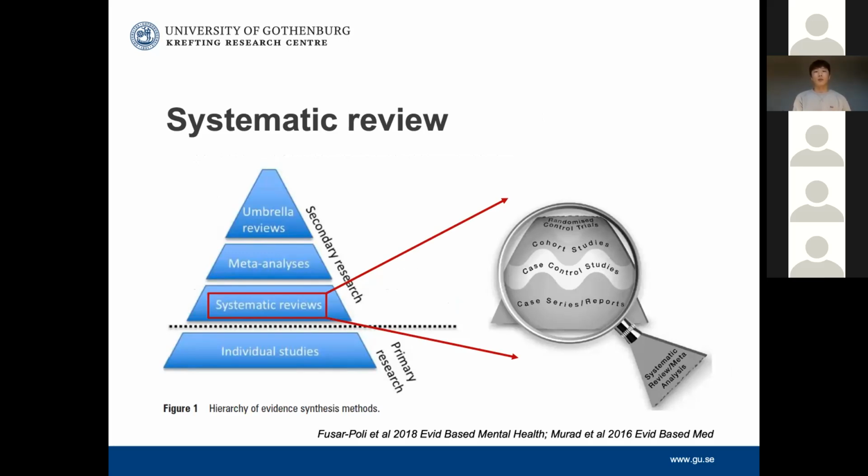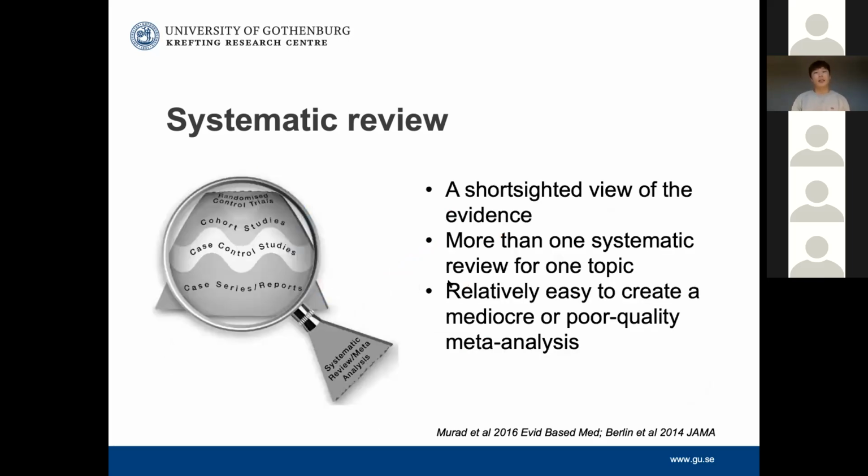It would be very useful to summarize all these studies to assess the evidence base to say if the intervention or the exposure actually has some effect on the outcome of interest. So this is a systematic review, but while it's very useful, it's also associated with many shortcomings.